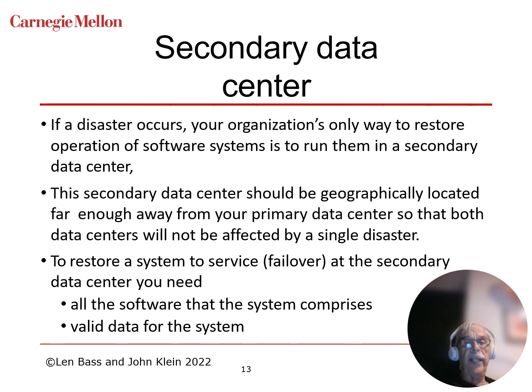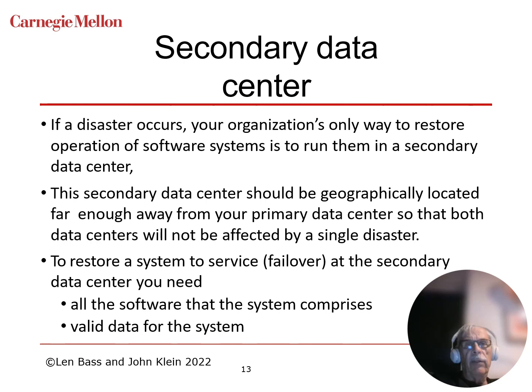So a secondary data center is a place you would run your software on if a disaster occurs at the primary. And so if a disaster occurs, you have to switch your operations from running on the primary data center to the secondary data center. And it should be sufficiently far from the primary data center so that whatever caused the disaster didn't happen to both simultaneously.